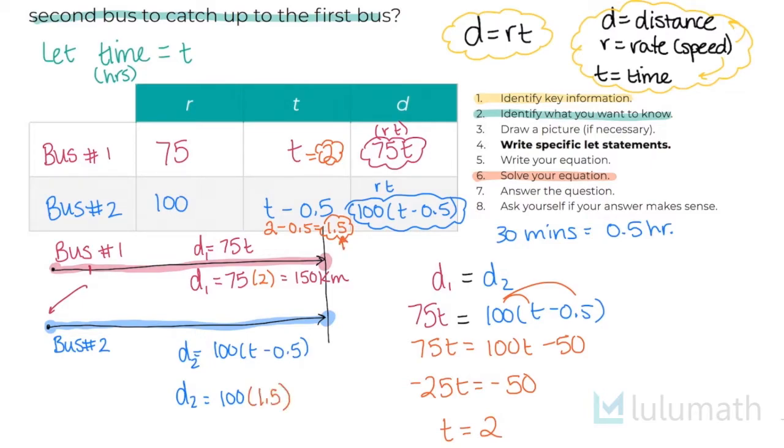And when I multiply 100 by 1.5, I get 150 kilometers. And they're equal to each other, which is what we want because they will have traveled the same amount of distance. So now we want to answer the question. And the question is asking us, how long does it take for the second bus to catch up to the first bus? And we know it takes the second bus 1.5 hours to catch up to the first bus.